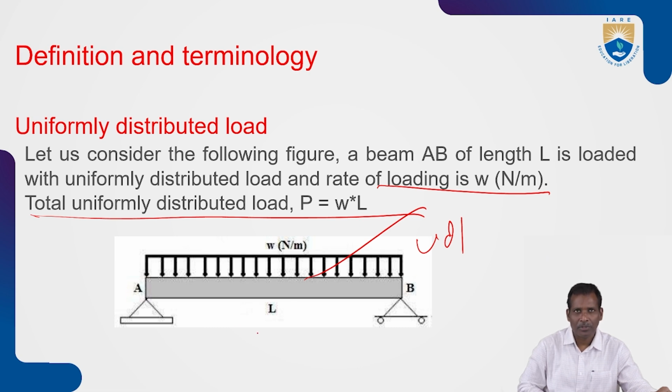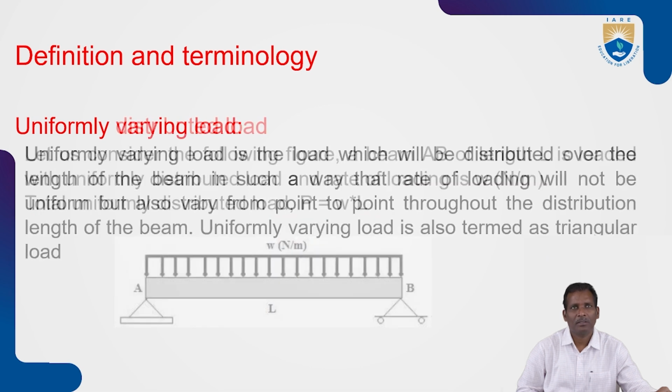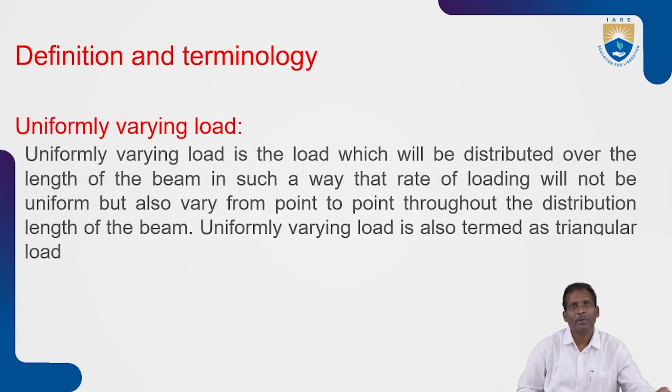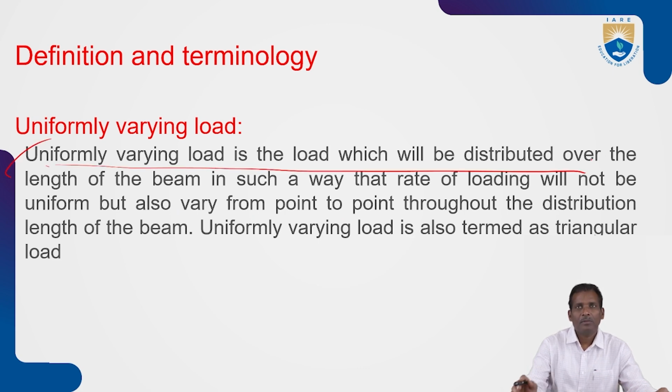So the load will be distributed throughout the span of the beam. Uniformly varying load: the load is distributed over the length of the beam in such a way that the rate of loading is not uniform but varies from point to point throughout the distribution length of the beam.